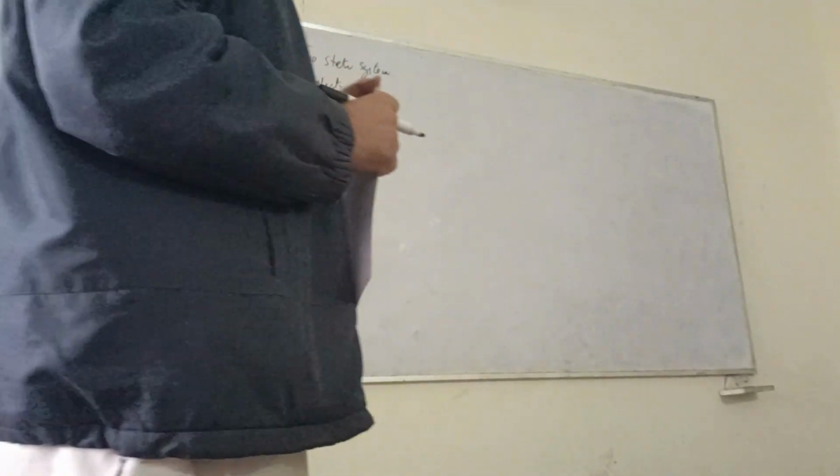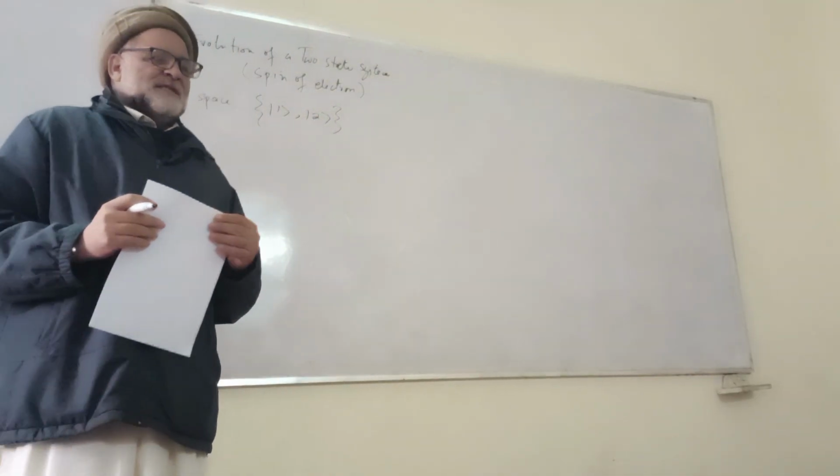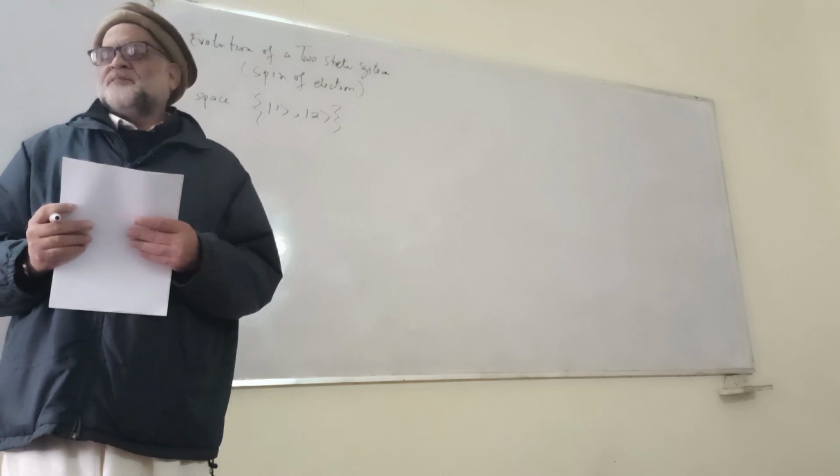If we consider the example of a spin, it has only two states, either a spin up state or a spin down state. This space contains only two states, spin up or spin down.